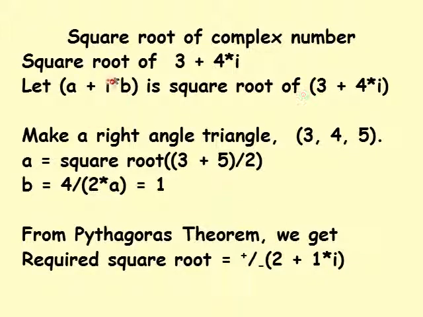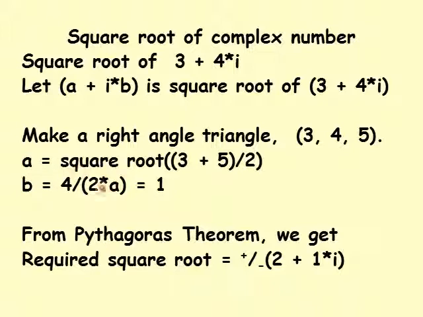Alright, we just got them. We took 3 and 4, made the right angle triangle with the base equal to the real part, the height equal to the imaginary part, and the hypotenuse from the Pythagoras theorem. Then a is equal to the square root of (3 plus 5) divided by 2. 3 plus 5 is 8, divided by 2 is 4, the square root of that is 2, and b is 4, which was the height, divided by 2 times a.